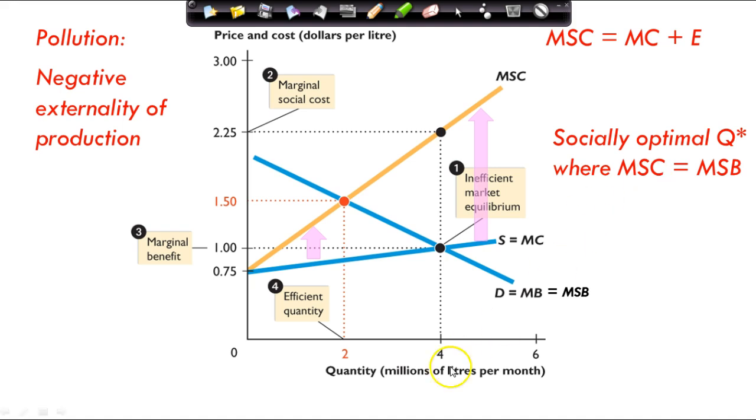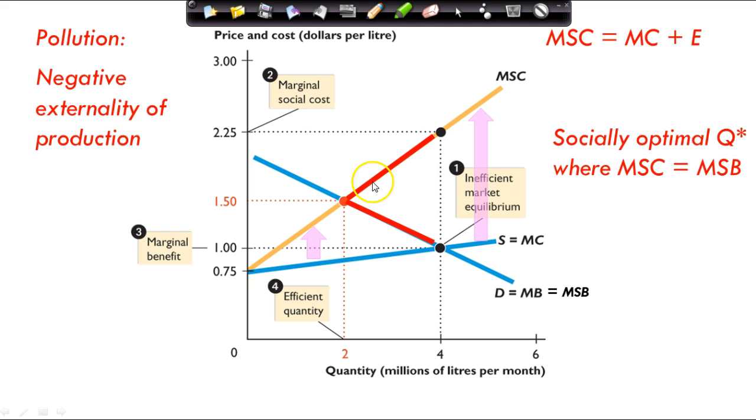The quantity that's actually bought and sold is 4 million. So the society has gone up to producing the efficient quantity, the allocatively efficient quantity, and then, like a deranged pizza eater, has gone beyond that to produce and consume at the 4 million litre level.